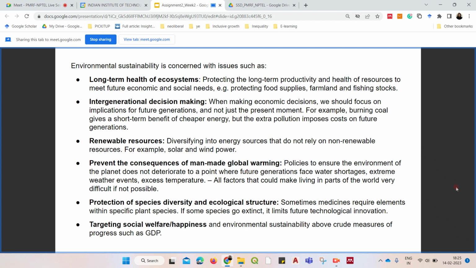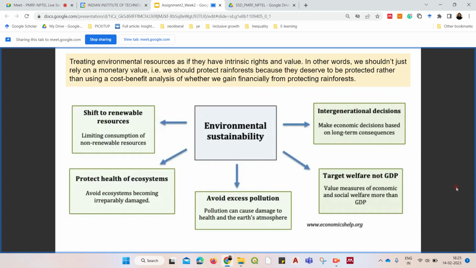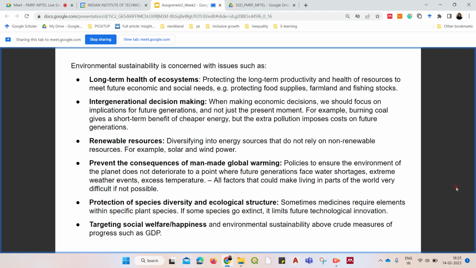They can be things like preventing the consequences of man-made global warming. So man-made global warming is a result of the release of greenhouse gases into our environment. And as we saw here, avoiding excess pollution is one aspect, but even the release of greenhouse gases in the environment is a product of our use of fossil fuels and other activities.